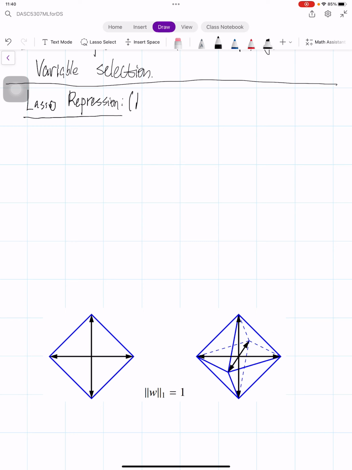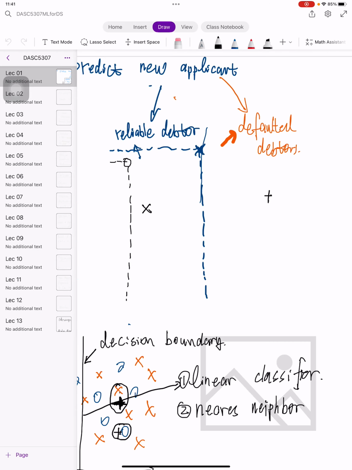proposed by Robert Tibshirani in 1996, who is the author of our reference book.